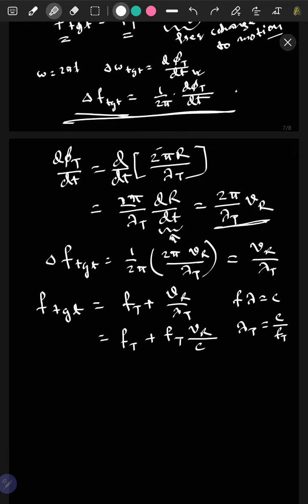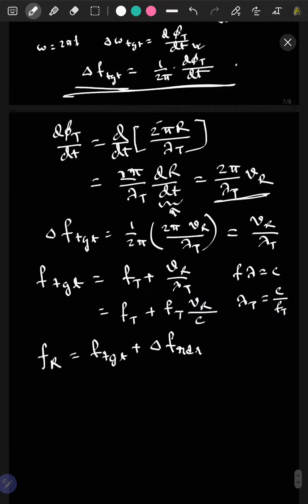Now the radar receiver will see this F target plus whatever change in frequency there will be because of the motion, as there is a change in relative range between the target and the radar.